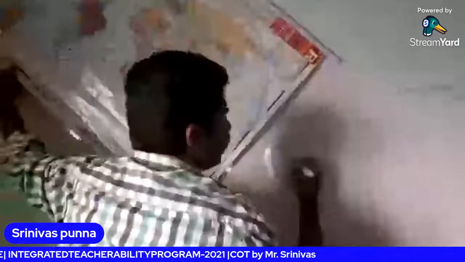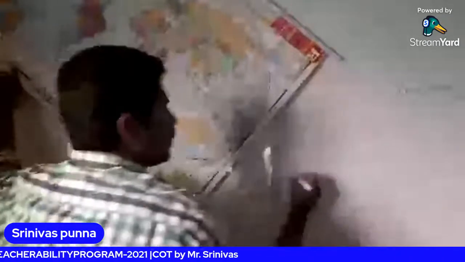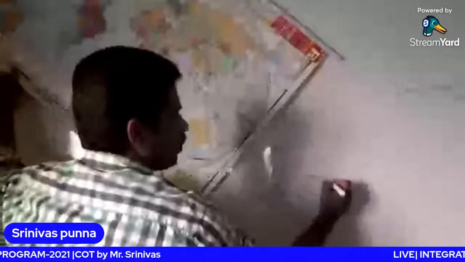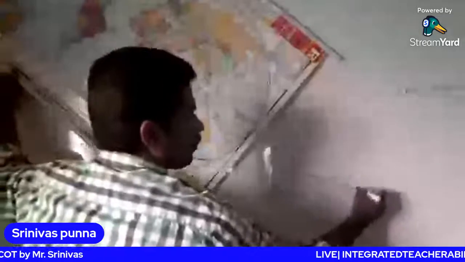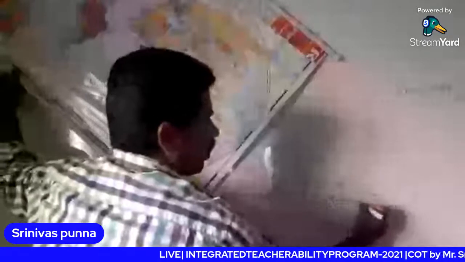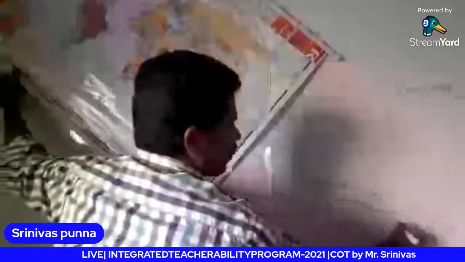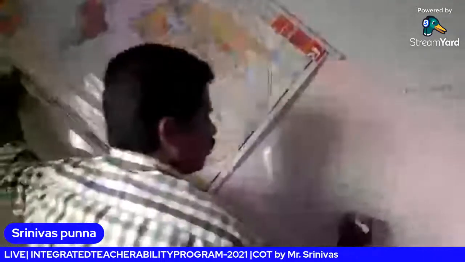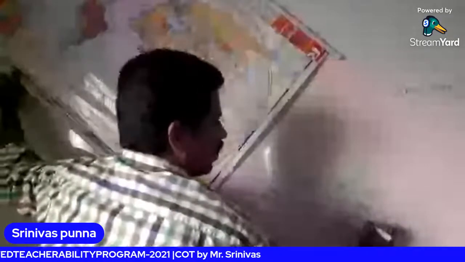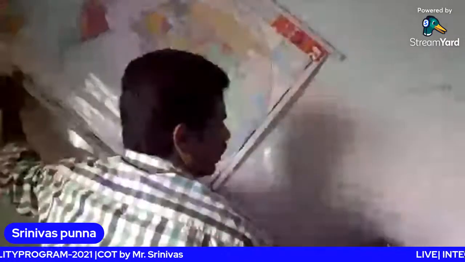These horizontal lines are known as latitudes.